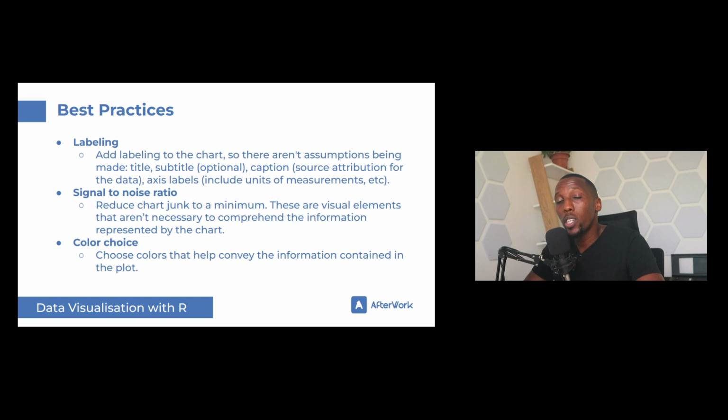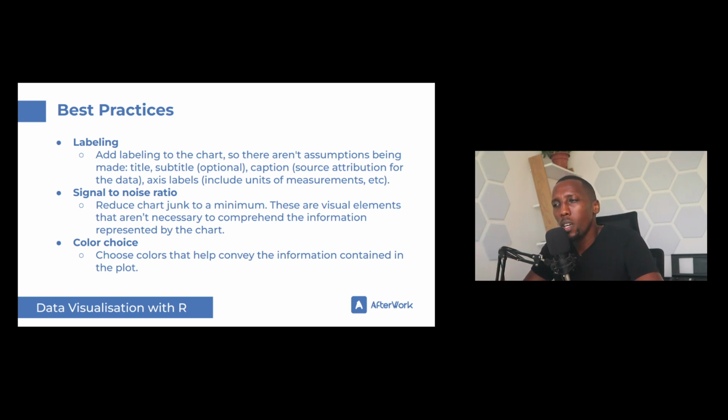There's signal to noise ratio, so ensuring that you do not add visual elements that aren't necessary to understand what is intended by the chart. So you might decide to create multiple lines within one particular line chart, and you could even have like 10 of them.